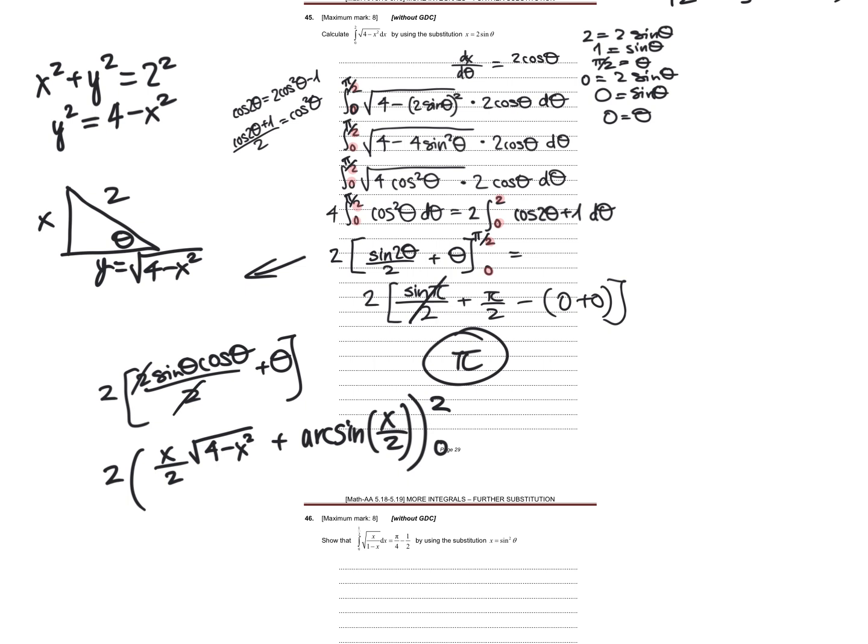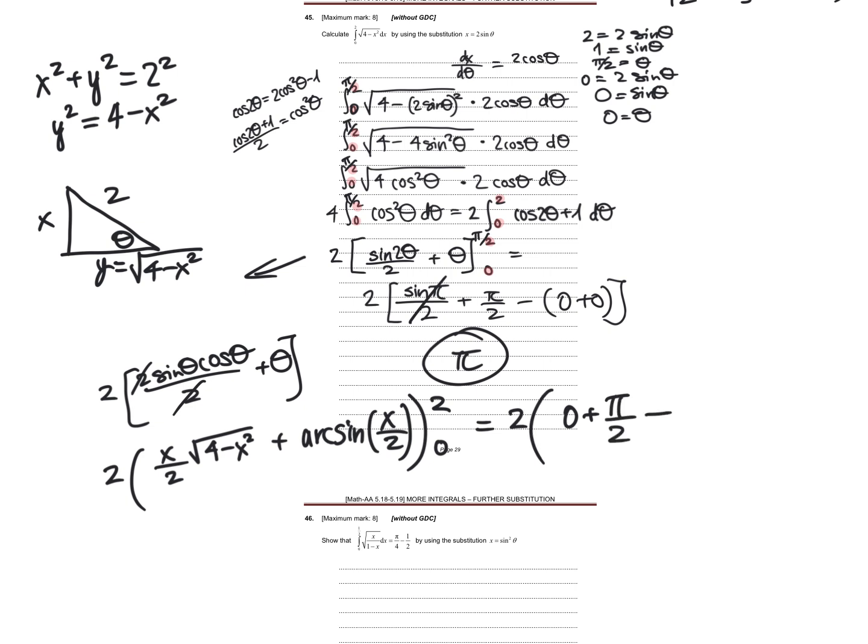Okay? So we would have 2 over 2, which is 1, root 4 minus 2 squared, which is 0. So that whole first thing is 0. And then arc sine 1. So arc sine 1, when is sine 1? That's pi over 2.